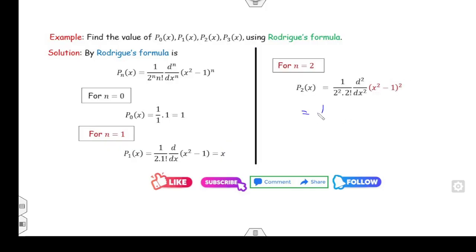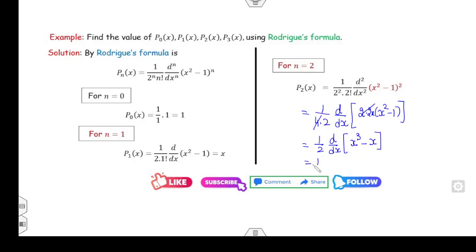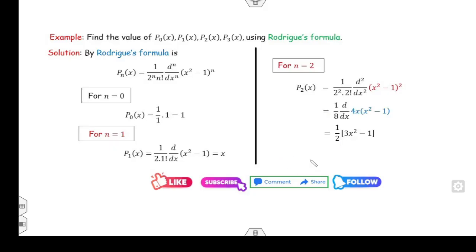Fine. तो करते हैं इसका derivative, ये कितना हो गया? 4 into 2, तो first time derivative करो इसका. Fine, इसे twice x square minus 1, और x square minus 1 के साथ करेंगे 2x, फिर आ गया, तो ये 4 से 4 cancel हो गया. So 1/2. Find d of dx, इसकी bracket खोल दो, that is x cube minus x. Now if you open the bracket, so first derivative 3x square minus 1 is the required expression of the P2x.